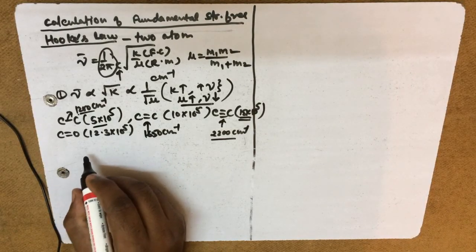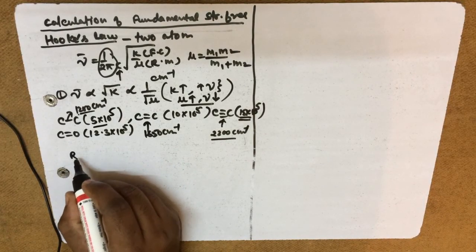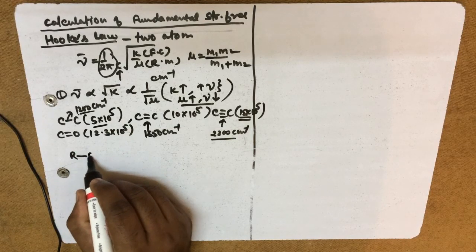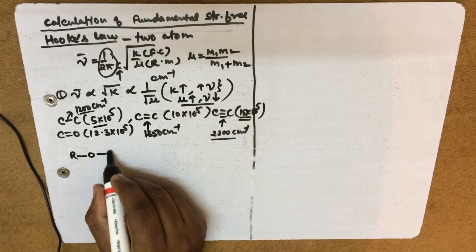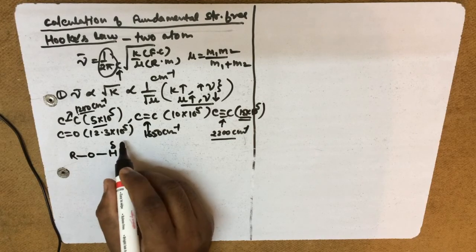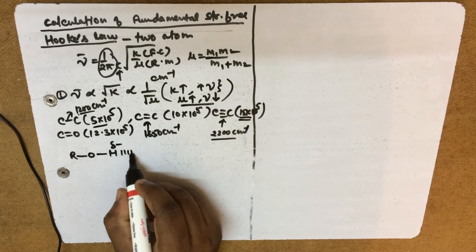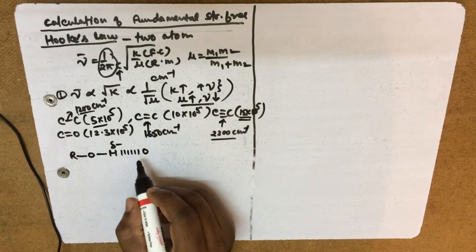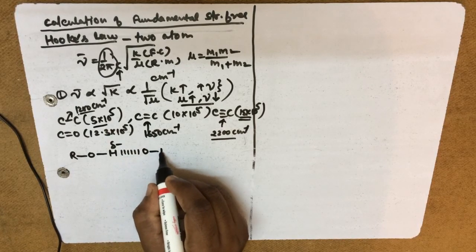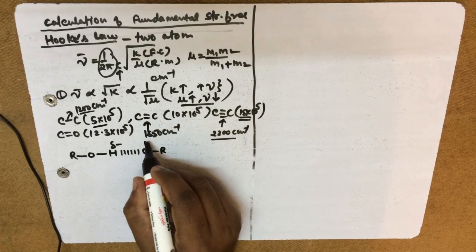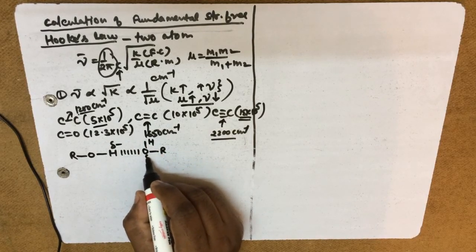Okay, if we see this example, here the oxygen is partially negative, and this hydrogen bonds with the oxygen, and here the hydrogen has a positive charge.